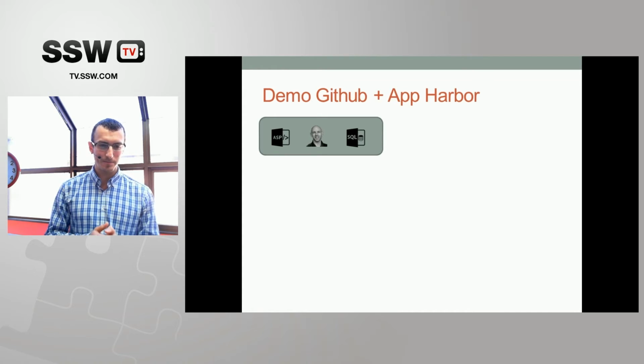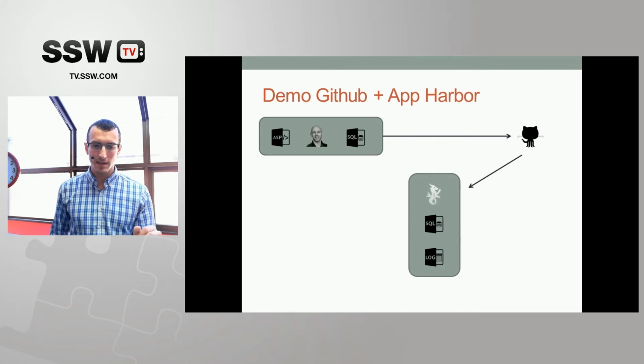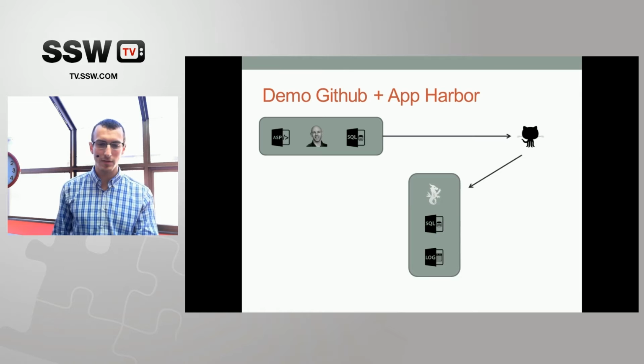It's using John Papa's Hot Towel framework, and it's using an SQL database. So I'm going to store my source code on GitHub, and from there I would like to deploy it to App Harbour. I would also like to have a database on App Harbour, so I'm going to take you through how that can be set up.